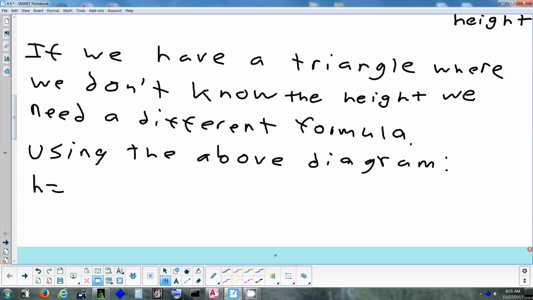So the goal is going to be, looking at the diagram we just had, a formula for the height. Okay, because we don't know the height, it's a dotted line, we're going to figure it out.